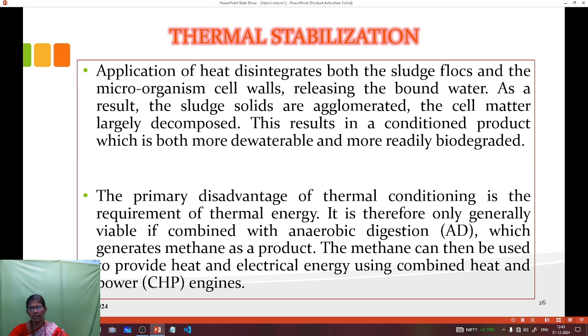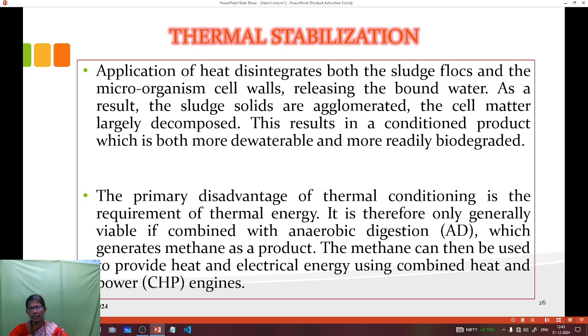The disadvantage is that we have to supply thermal energy. Supplying thermal energy is not economical, but this can be combined with anaerobic digestion. If after thermal stabilization we combine with anaerobic digestion, we can get methane as a product.